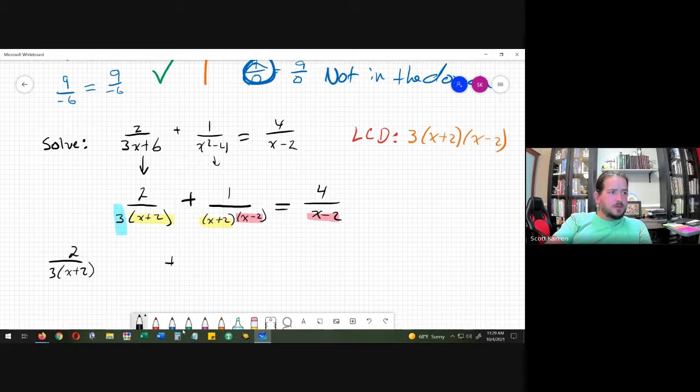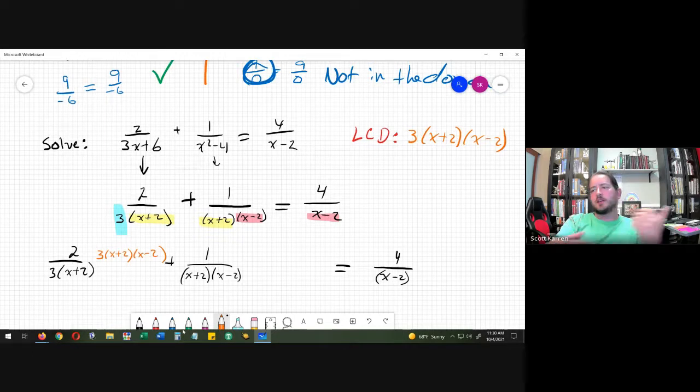And I'm just going to give myself a humongous amount of space. You don't always have to do this, but when I'm teaching, it makes it look a little bit less hectic. I'm going to multiply by 3 and x plus 2 and x minus 2. And I'll just multiply everything. That way I'm using the multiplication principle of equalities.